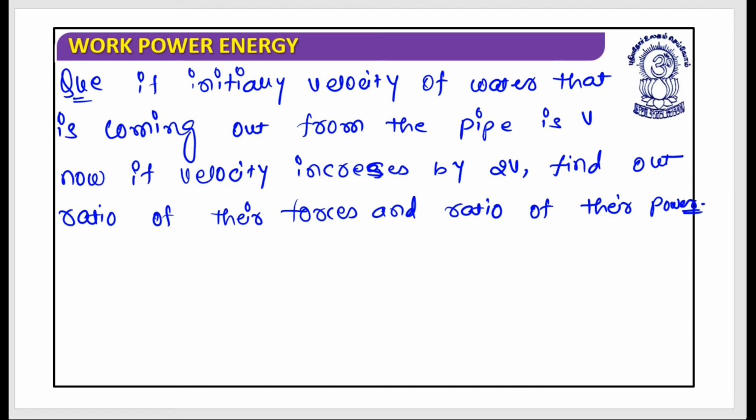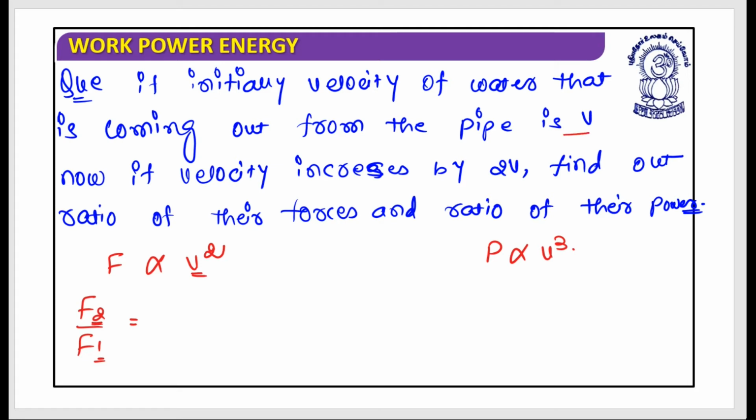So how could I do this? In this situation I must understand that my force was directly proportional to V square and my power was directly proportional to V cube. So F2 by F1, where 2 stands for the new and 1 stands for the initial.